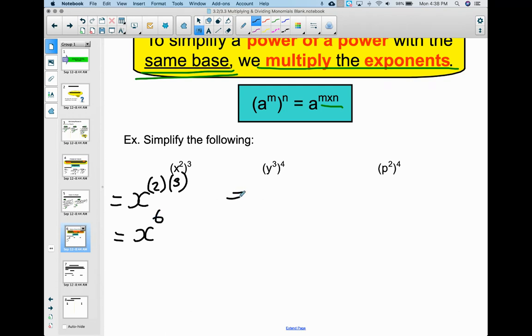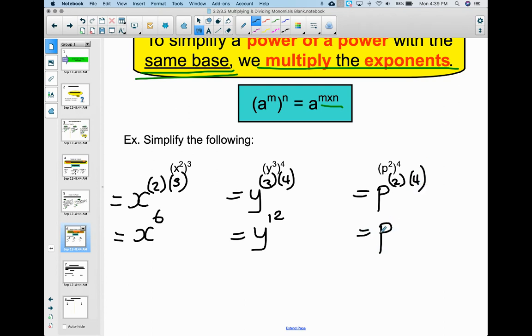Again, we have y to the power of 3, which is all to the power of 4, so we multiply the powers with the same base to give us y to the power of 12. And one more example, p, the powers are 2 and 4, so we multiply them, which would give us p to the power of 8.